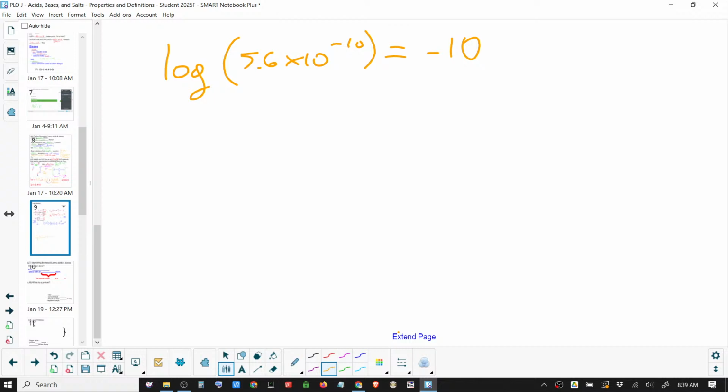So that's the beginning number. What is the anti-log of 5? Negative 5? You're actually more right than you know.